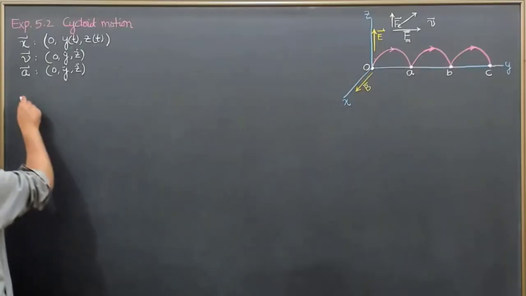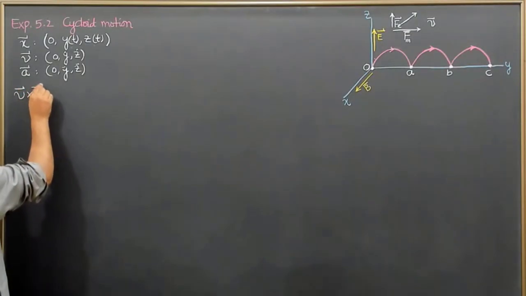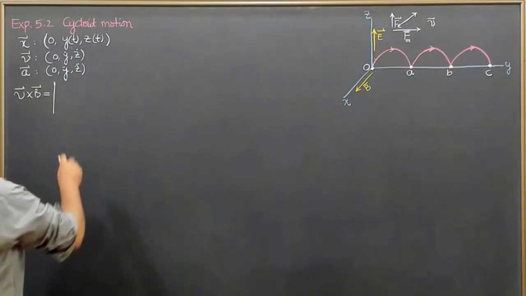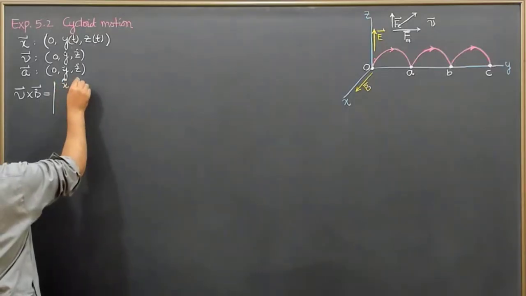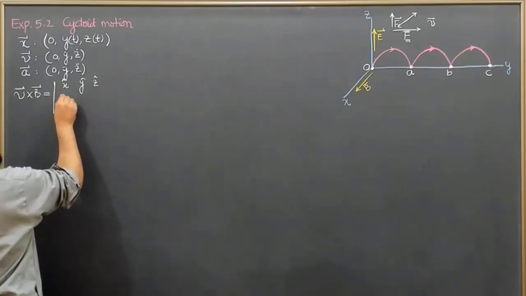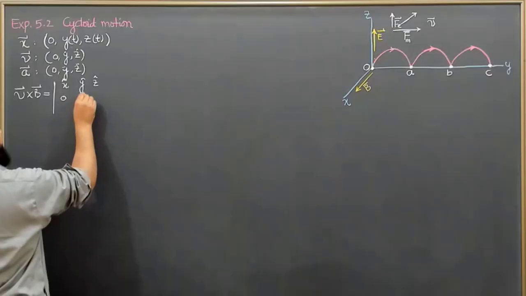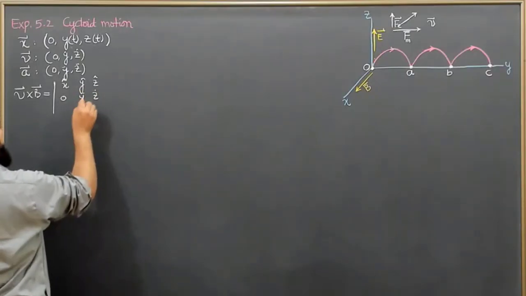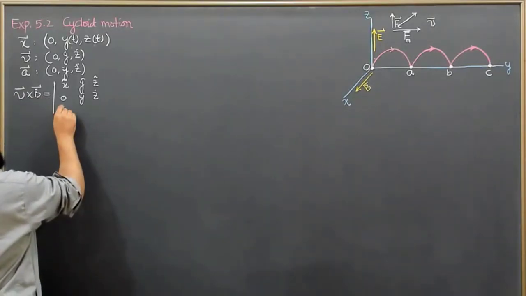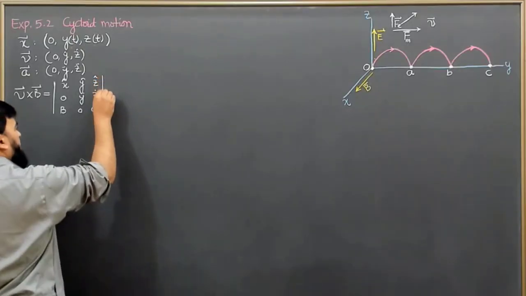First calculate v cross B. The cross product in determinant form: we write the x, y, and z unit vectors. Then v is 0, y dot, z dot, while B is only along the x-axis, so we have B, 0, 0 here.